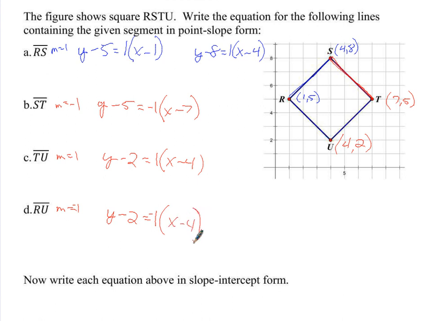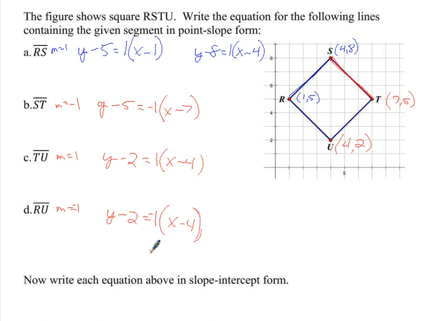Notice that this time we used the exact same ordered pair as we used for the other one, but because we have that different slope, it's a different equation. Did anybody use the other ordered pair? Okay, what'd you get? Y minus 5 equals negative 1 times x minus 1. Yeah, so that equation works as well, okay?